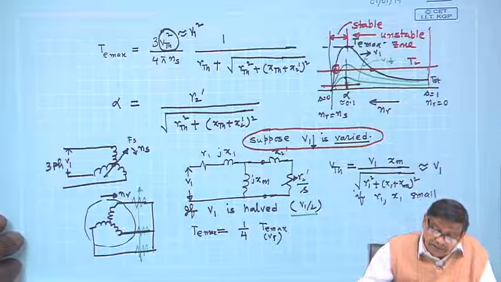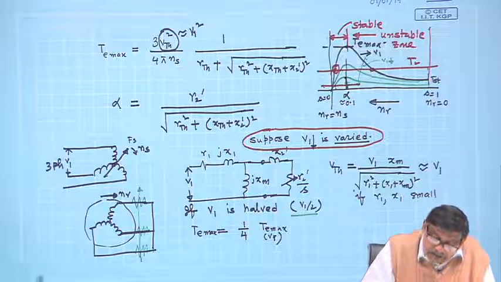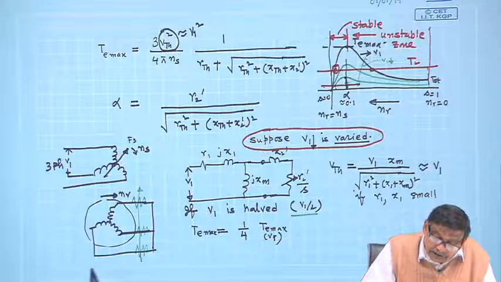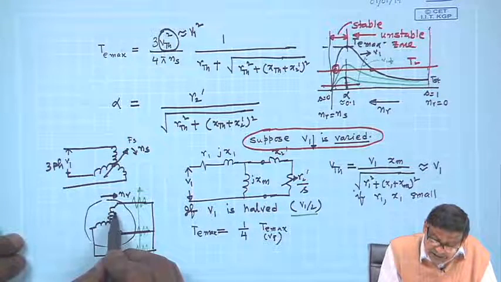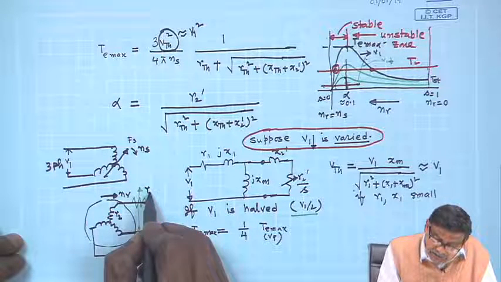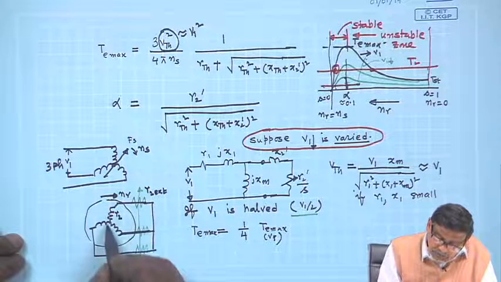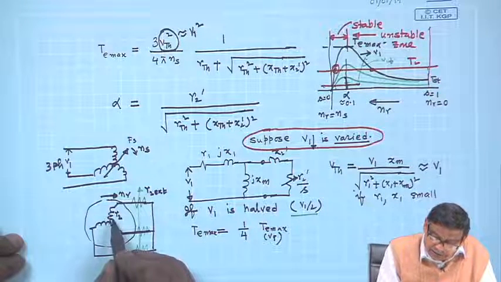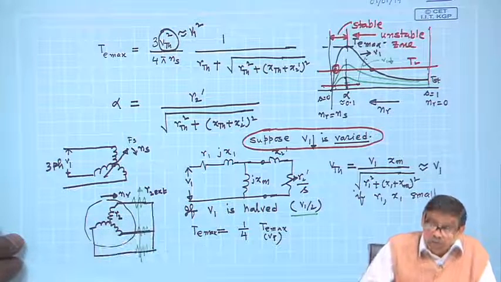Therefore, I am essentially trying to understand how the torque slip characteristics will get modified if I vary the rotor resistance. How am I varying? The inherent rotor resistance, this R2. Now, I will connect some R2 external. So, the total rotor resistance will become this R2 plus R2 external per phase in the rotor circuit.